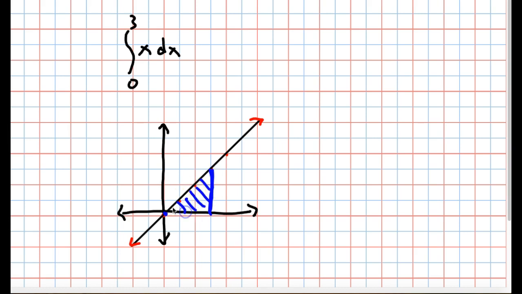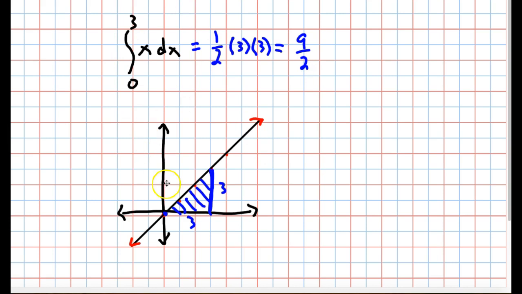Well, this is a triangle. The area of a triangle we know is 1/2 base times height. My base, this distance, would be 1, 2, 3. My height would be 1, 2, 3. So this is going to be 1/2 times 3 times 3. That gets me 9/2.